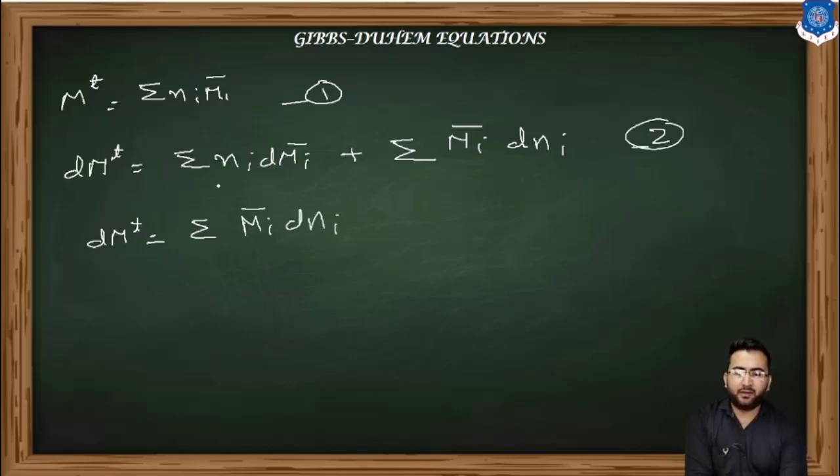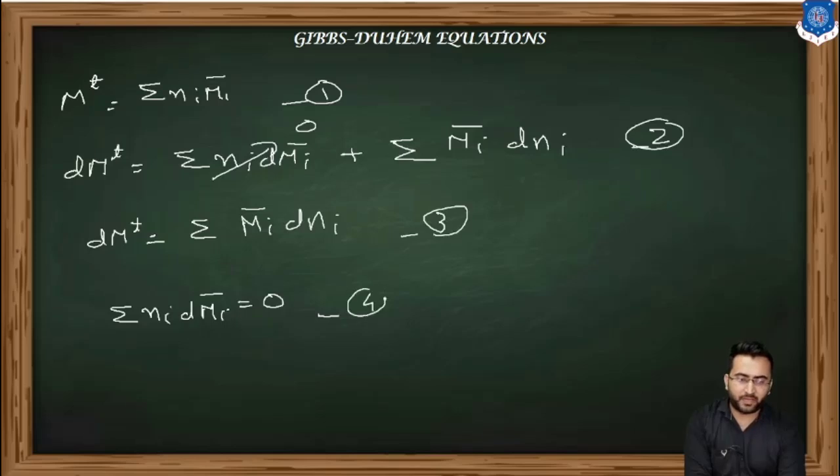So this becomes our equation number 3. Comparing the two, summation of Ni dMi bar is equal to 0, which becomes our equation number 4. This is the general form of the Gibbs-Duhem equation.